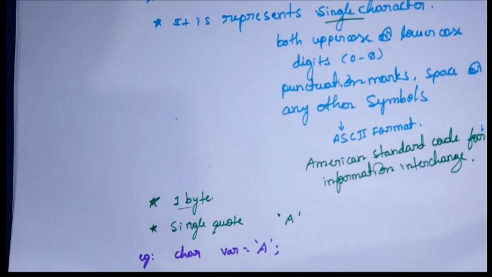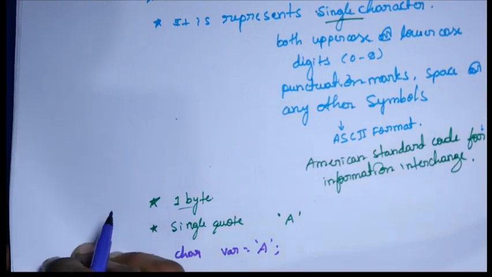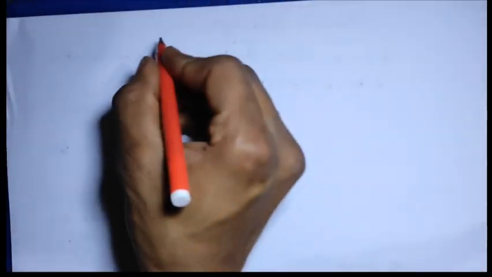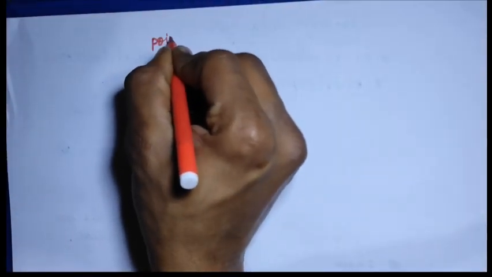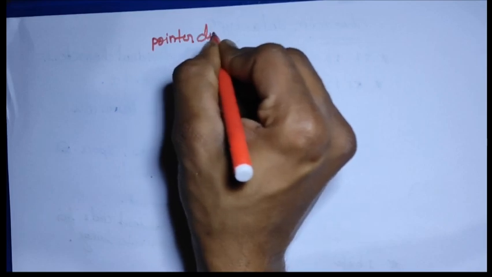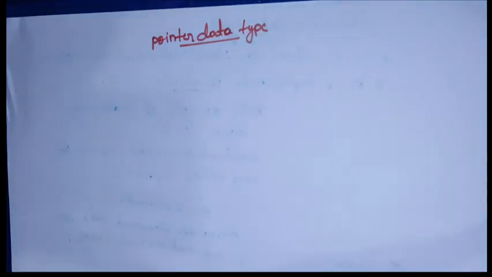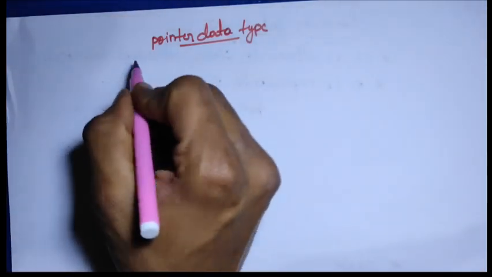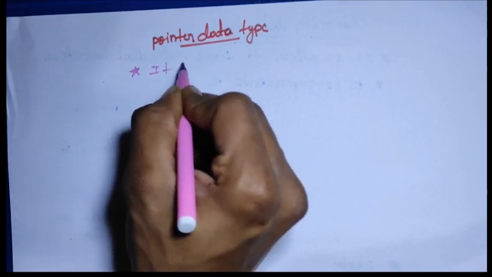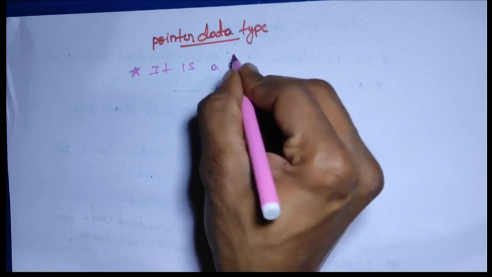Next we will move on to another data type, that is pointer. The pointer data type is a derived data type.